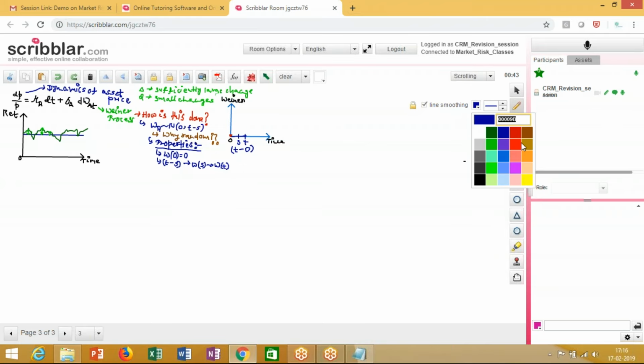All the increments which happen from Ws to Wt are normally distributed. So if I plot the increments, I cannot get a proper pattern in those subsequent increments. So increments are randomly distributed.